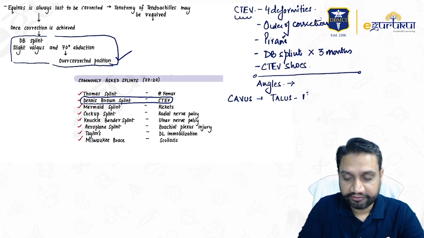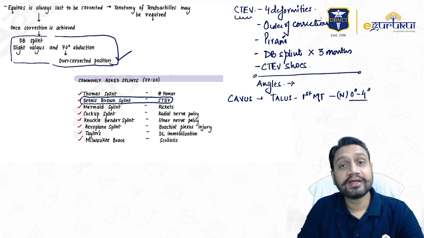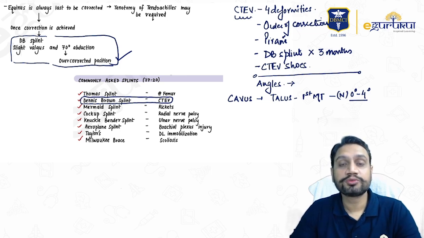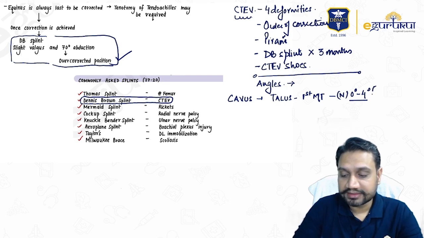This angle normally is 0 to 4 degrees. If the angle goes less than 0 degrees, it becomes flat foot. If the angle goes more than 4 degrees, it becomes cavus. This is what we call the Meary angle, M-E-A-R-Y.